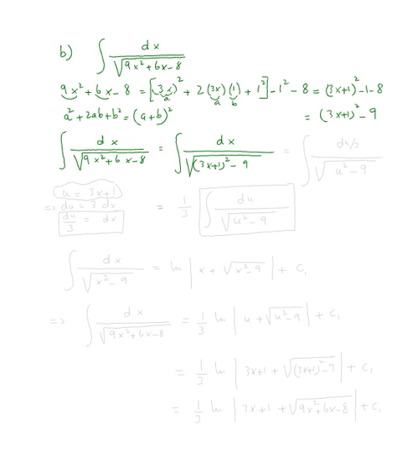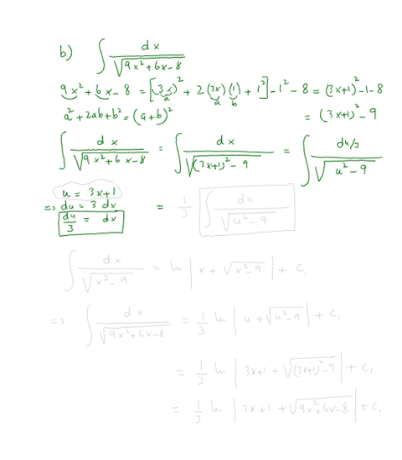Now if we let u equal 3x plus 1, which means du is equal to 3dx, which means dx is equal to du by 3, then this becomes du over 3, over the square root of u squared minus 9.